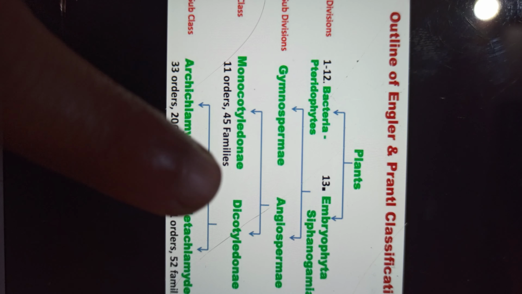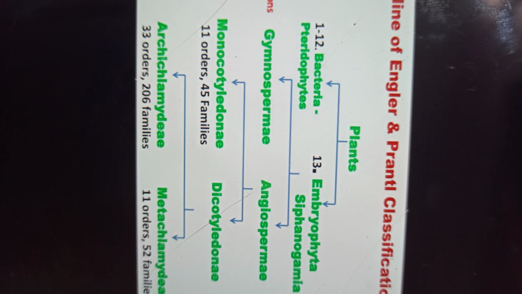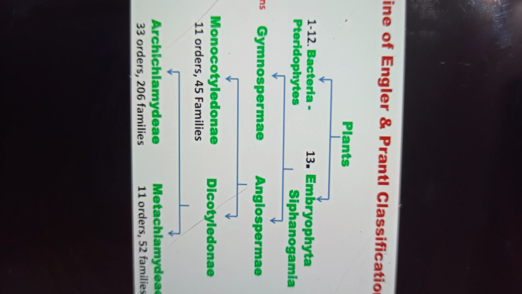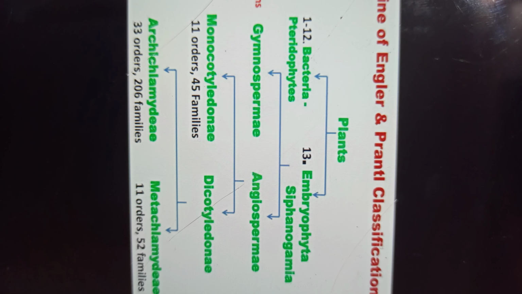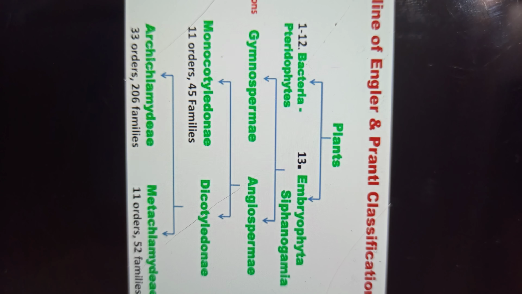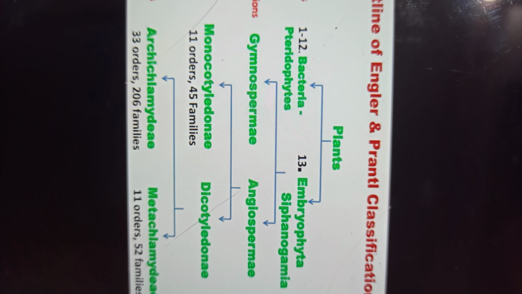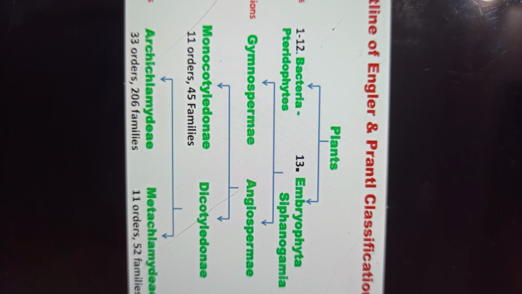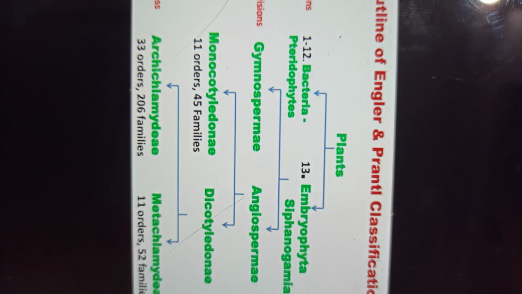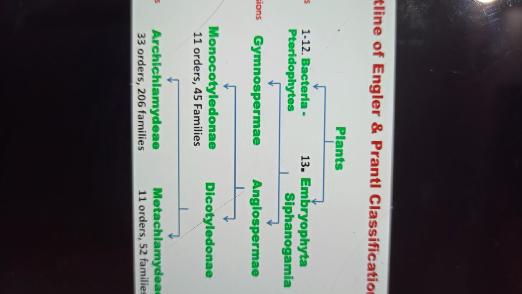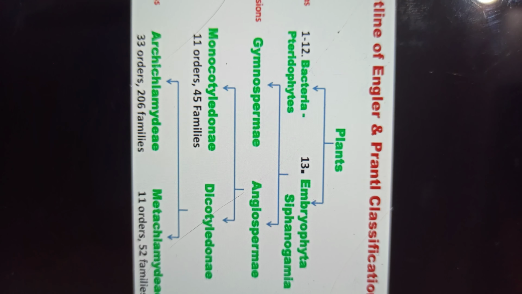They classified all of this on the basis of all possible natural characters, including natural and phylogenetic, meaning evolutionary, meaning who came first on the earth, who came later, and who came in the middle.